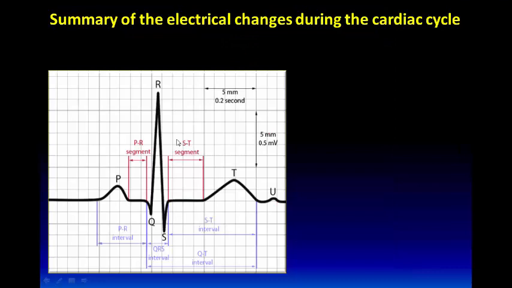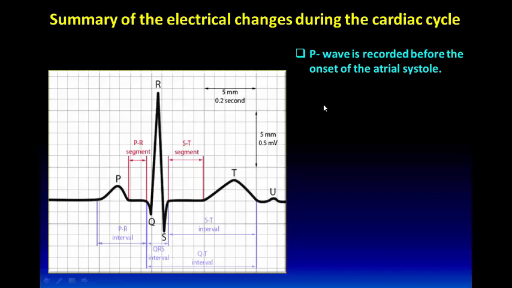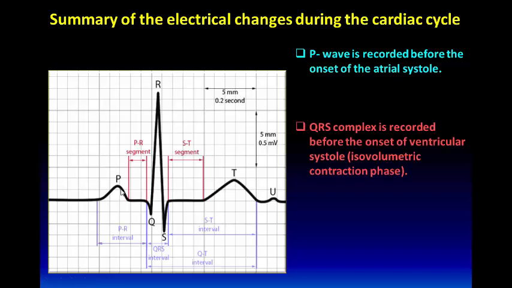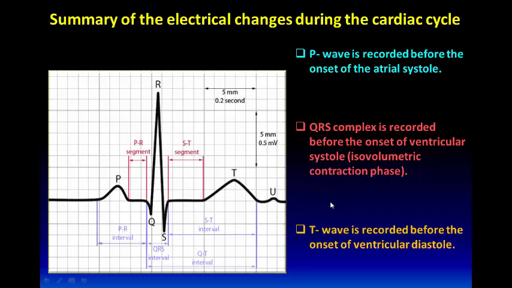And here we have a summary of the electrical changes during the cardiac cycle. So P wave is recorded before the onset of atrial systole. QRS complex is recorded before the onset of ventricular systole. And the T wave is recorded before the onset of ventricular diastole.